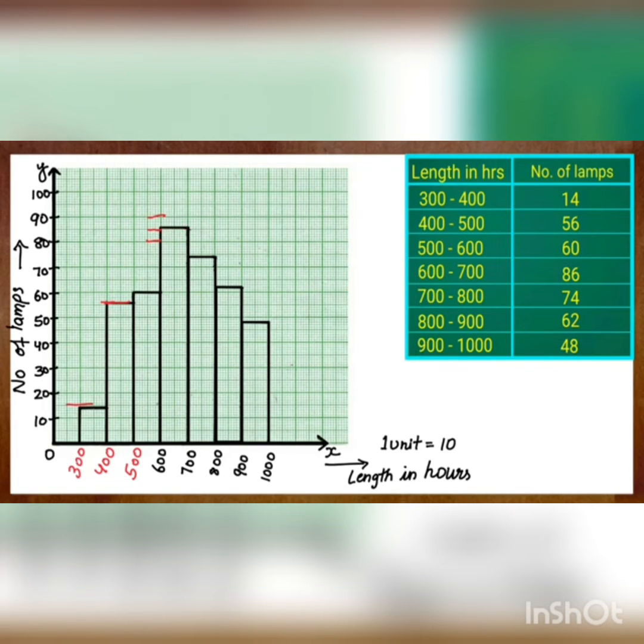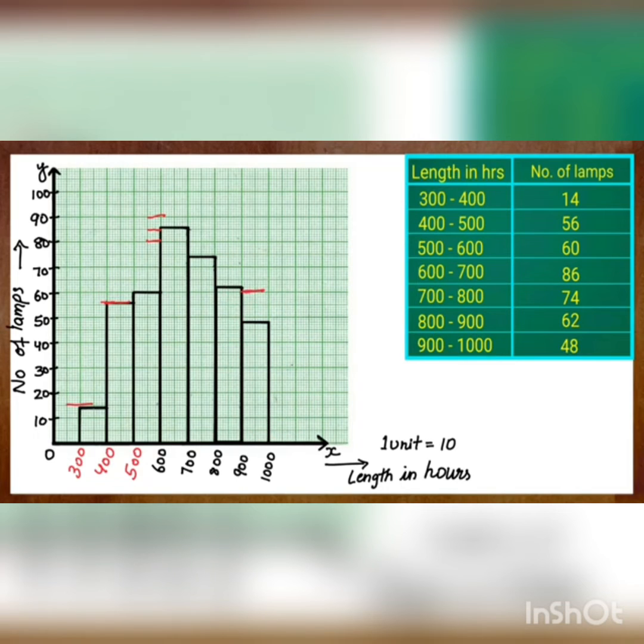700 to 800 it is 74. 800 to 900 it is 62, so we mark 62.